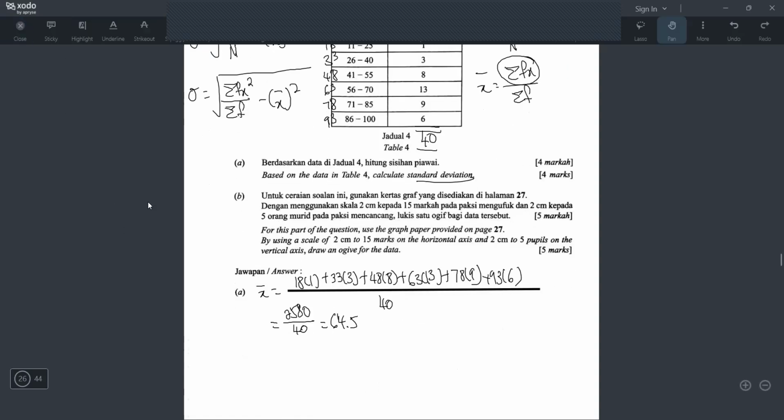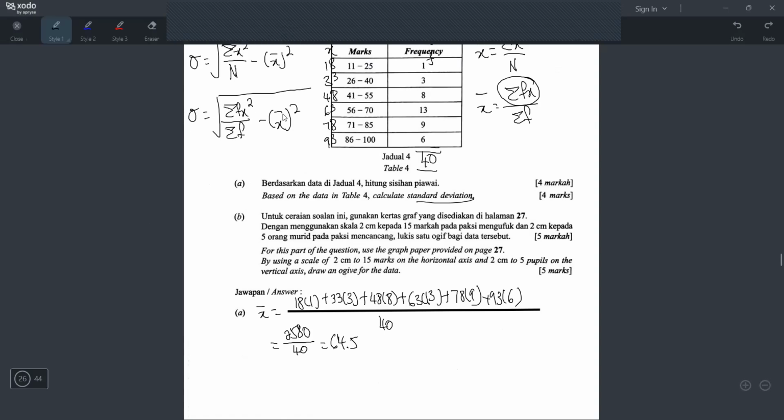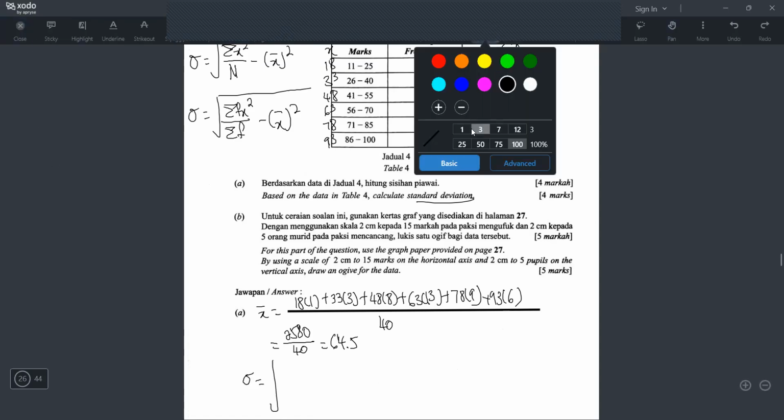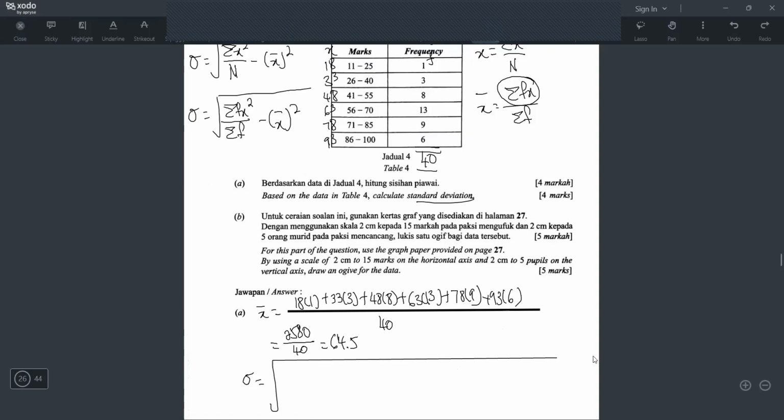So now we can use our standard deviation formula, and we will use this formula because it's group data. The standard deviation symbol is like this, and then you put a square root. Let's draw it nicely. There will be a line here, and then minus the mean squared, and the mean is 64.5.